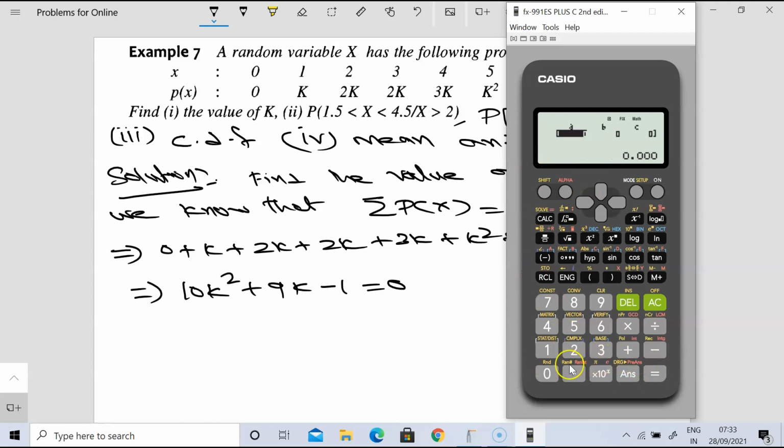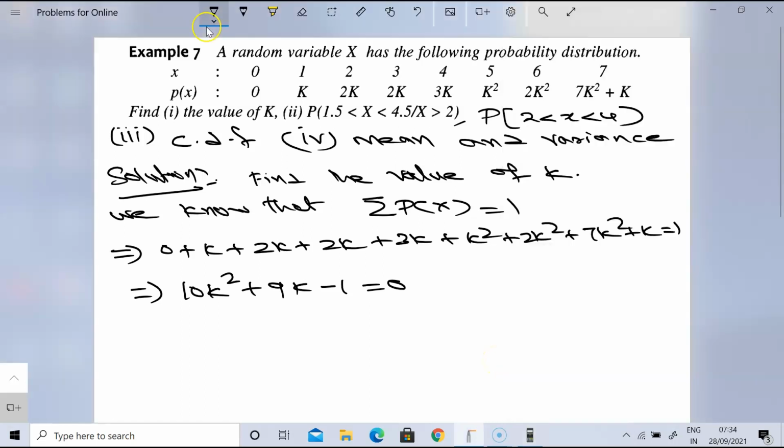When I use it, A, B, C, the A value is 10, equal, next 9, equal, next minus 1, equal. When I press this, I'm getting one value K1, which is 1 by 10. The second value is minus 1. So here, what I have got is k is equal to 1 by 10, or k can be equal to minus 1. So this is what I got from the calculator.